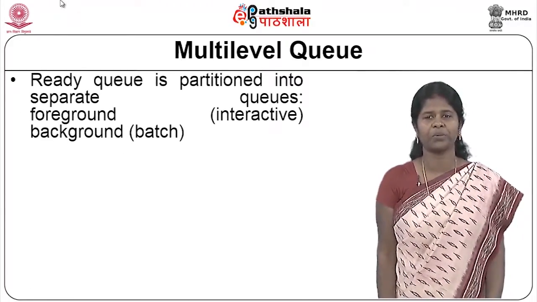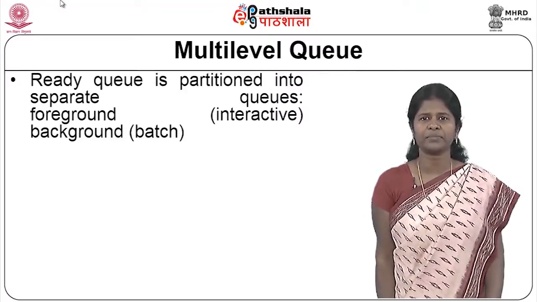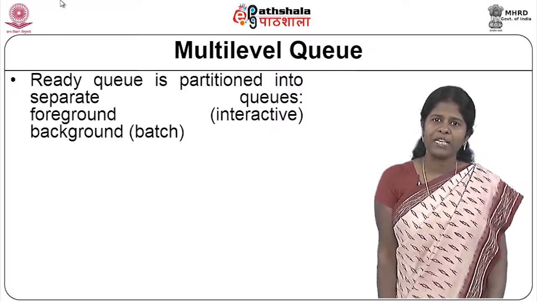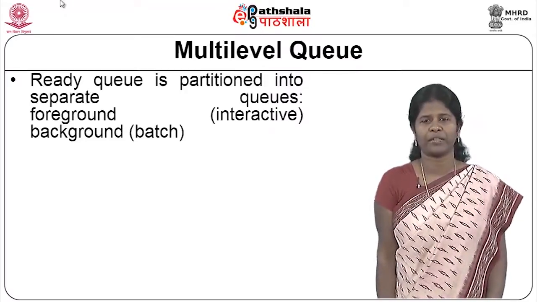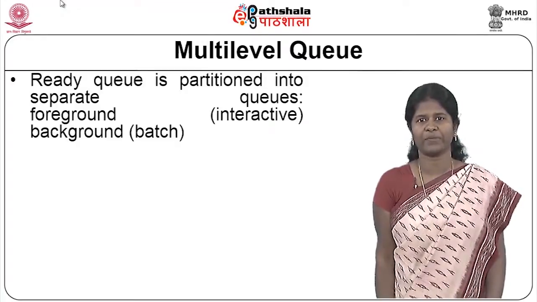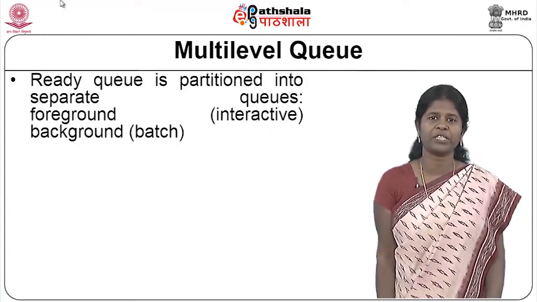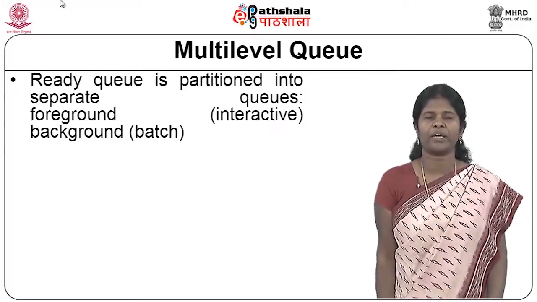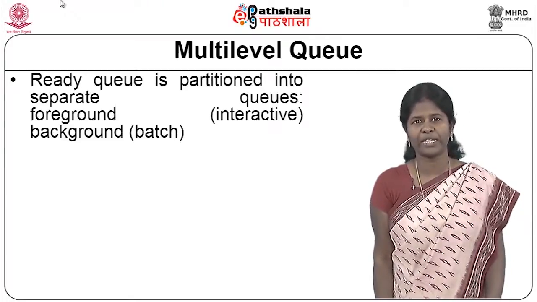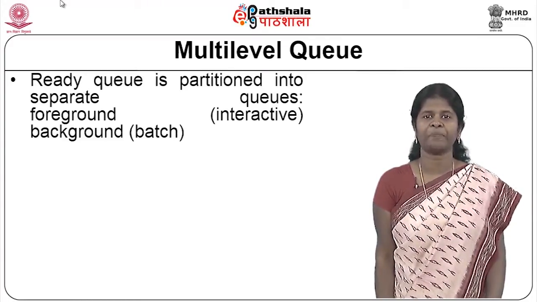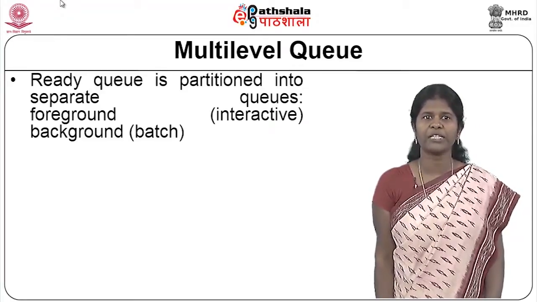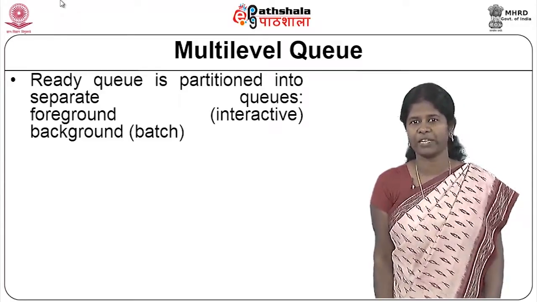In this scheduling, there are multiple levels of queues. In the earlier algorithms that we had seen, be it FCFS or priority or SJF, there is only a single queue of processes, and one of the processes in this queue is selected and given the CPU.